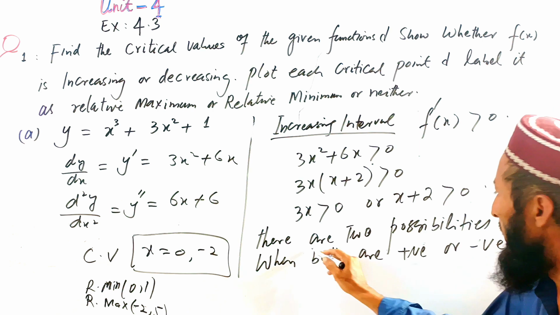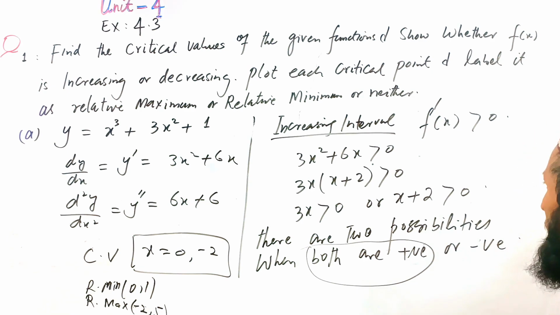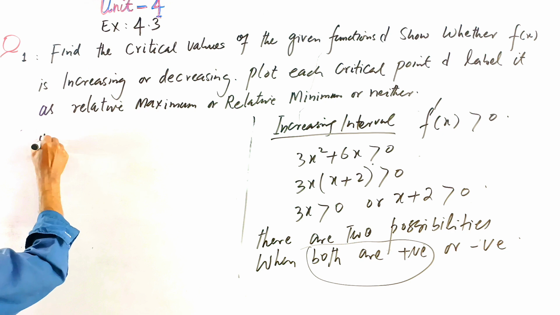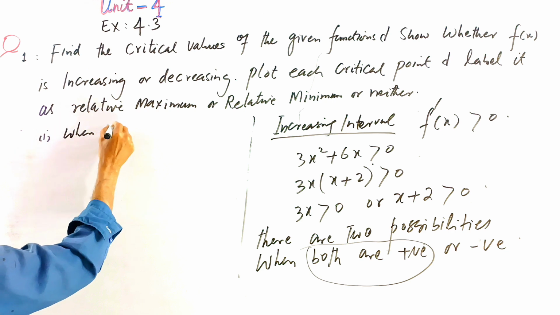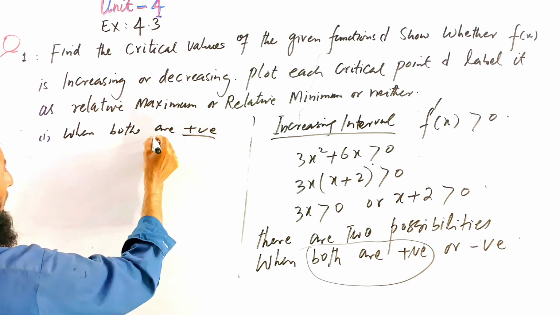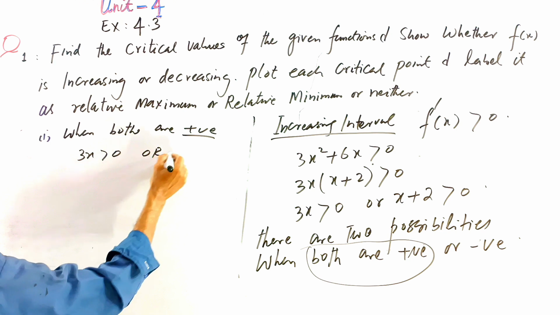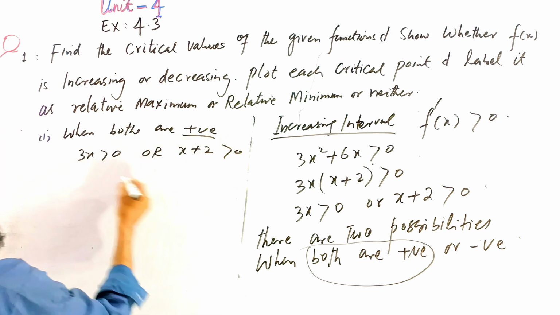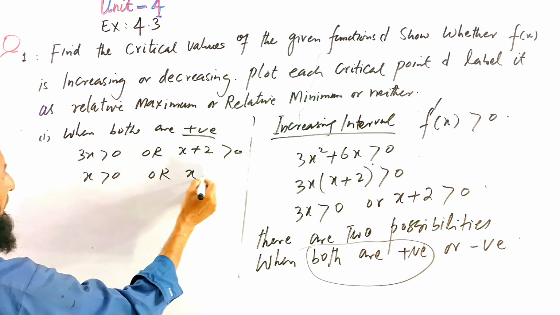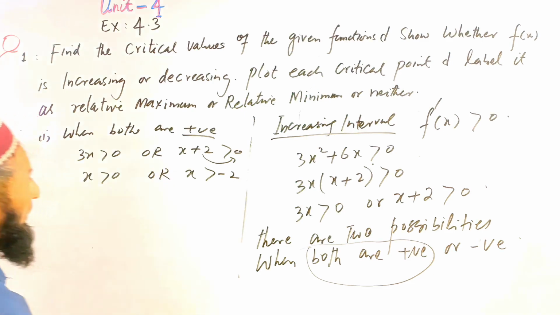When both are positive, 3x is greater than 0 and x plus 2 is greater than 0. Dividing both sides by 3, we get x is greater than 0, and x is greater than minus 2. We change the sign of this value, so the result will be negative.